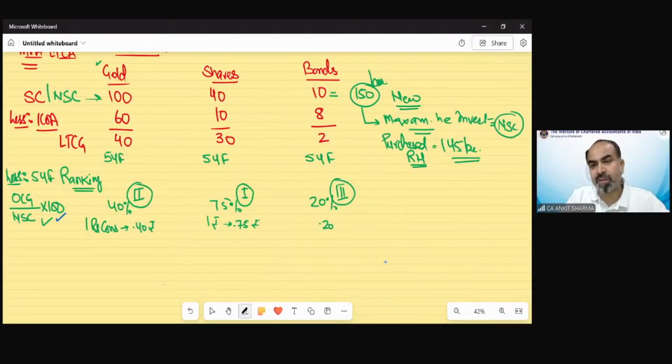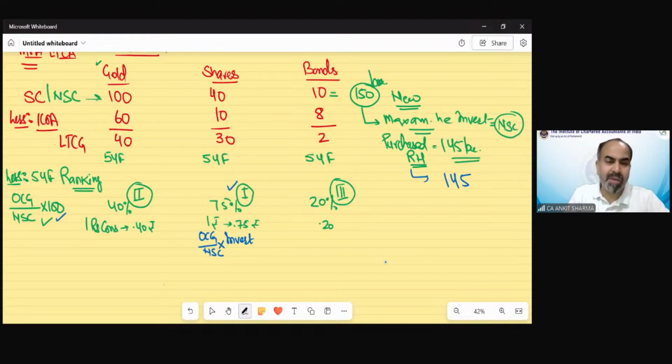So total investment was, students, how much it was? 145 lakh new investment, full investment, total. Out of this 150, he invested 145 lakh. Clear? Now we will give the exemption firstly to this. So what was the formula? Original capital gain upon net sale consideration into investment amount.